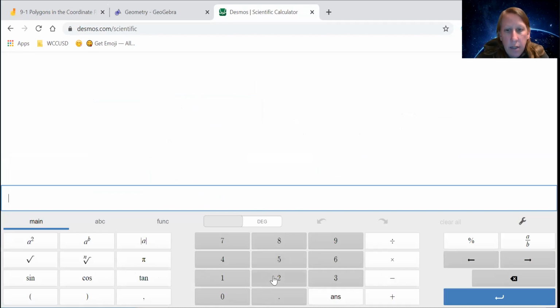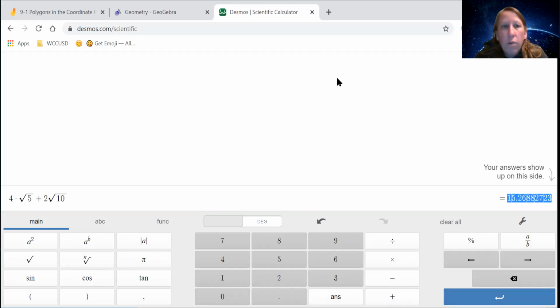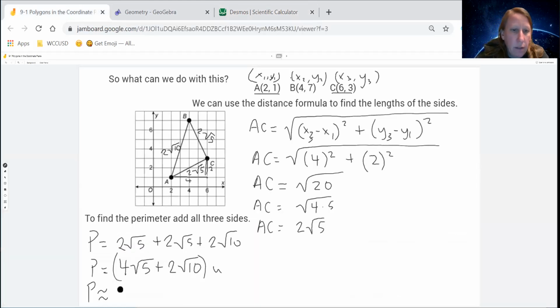So I said 4 times the square root of 5 plus, oops, that's not there. That'd be over here, plus 2 times the square root of 10. Okay, so it's around 15.3, I'll round it. 15.3, and whatever these units are is what our units are.